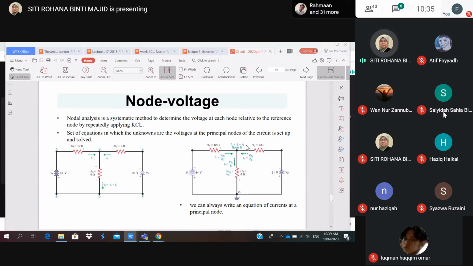And this one will be referred to the ground. So the voltage at the ground is zero. That is the meaning of ground: the voltage at the ground is zero.